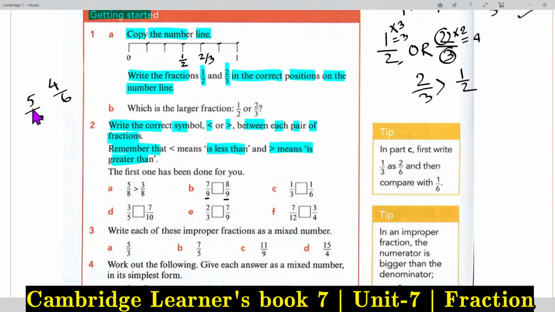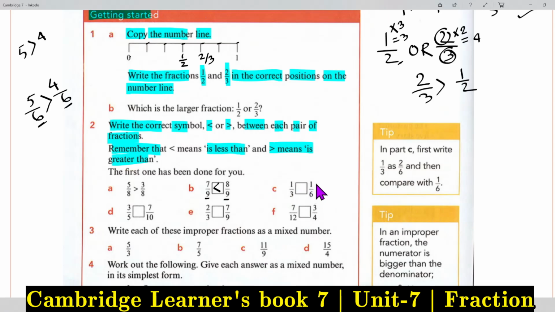In this case 5 by 6 is greater than 4 by 6 because here 5 is greater than 4. This is only when the denominator is the same. So here we can write 8 is larger than 7, so 7 by 9 is less than 8 by 9.